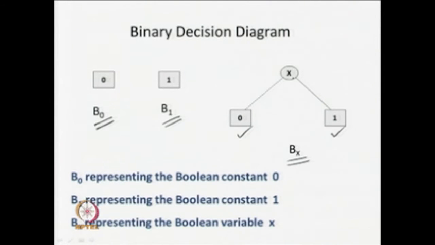That means, when x is equal to 1, then my functional value is 1. So, this is the BDD representation of any Boolean variable x. So, these are the 3 primitive BDDs, and with the help of these 3 primitive BDDs, we are going to construct the BDDs of any given Boolean function.